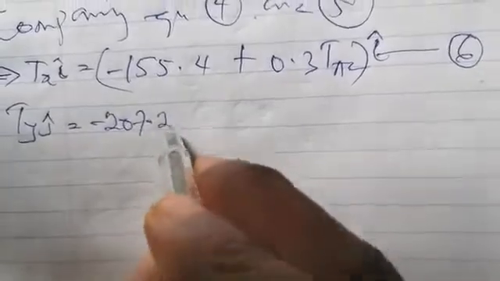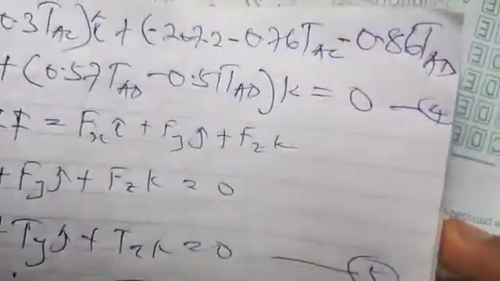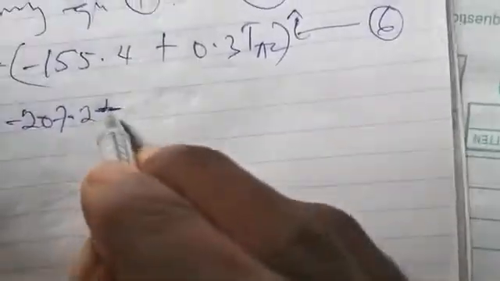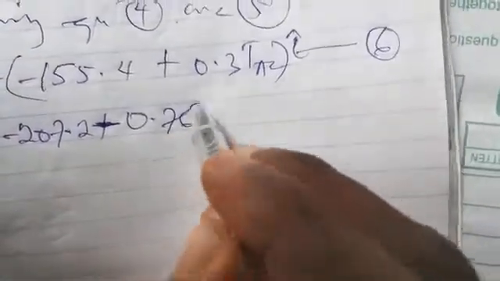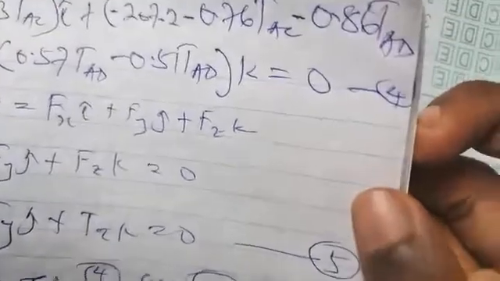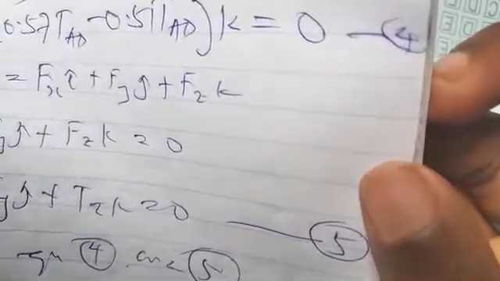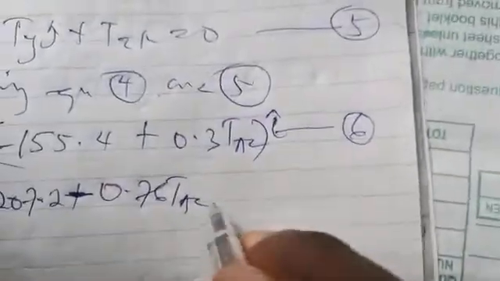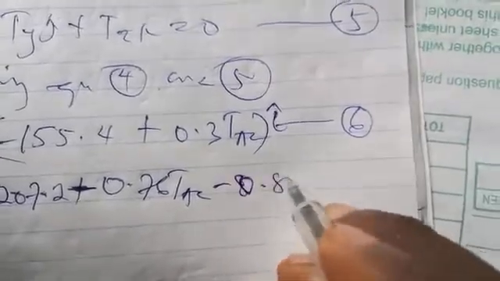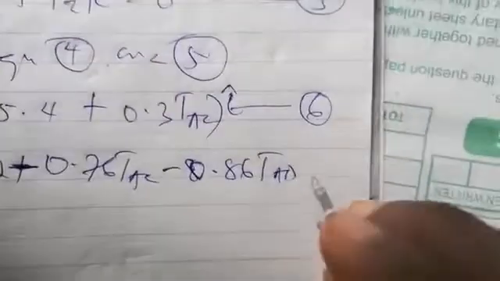So we have minus 207.2 minus 0.76 TAC minus 0.86 TAD plus P, all into j.